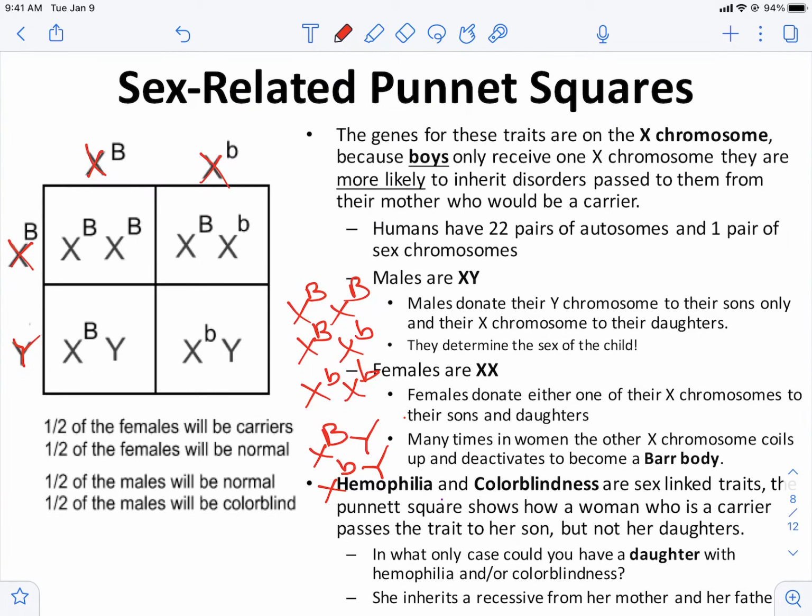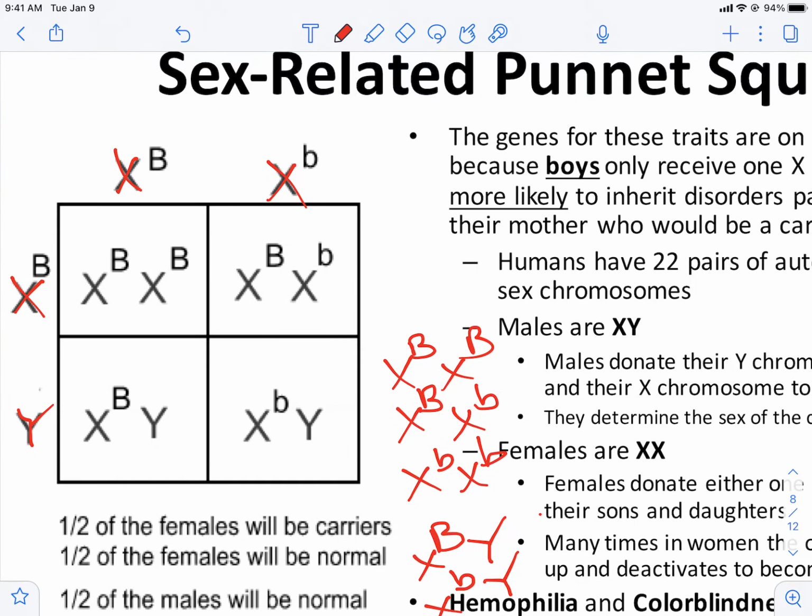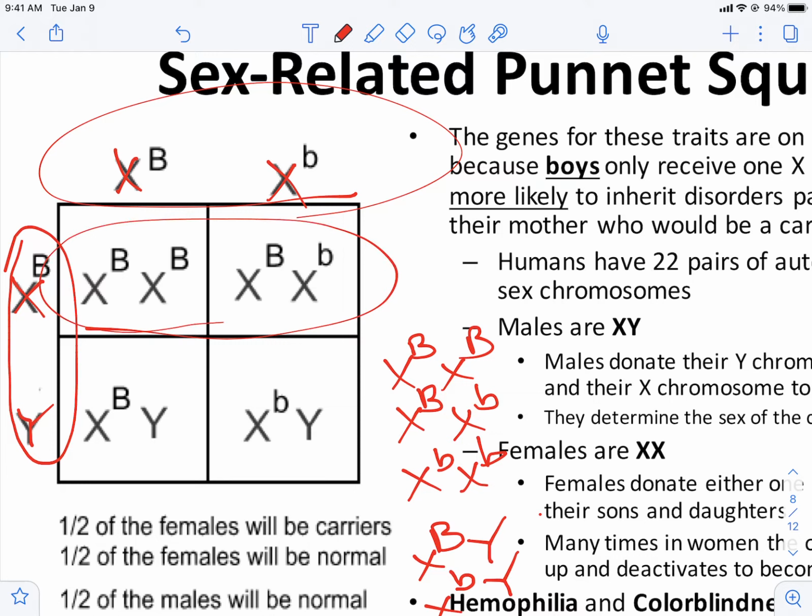So let's look at this sample Punnett square. We had a dad who had a dominant trait, and we have a mom who had a dominant trait. And we're going to see if any of their kids have dominant or recessive. So first of all, they have a 50% chance of having a female XX or a male XY.